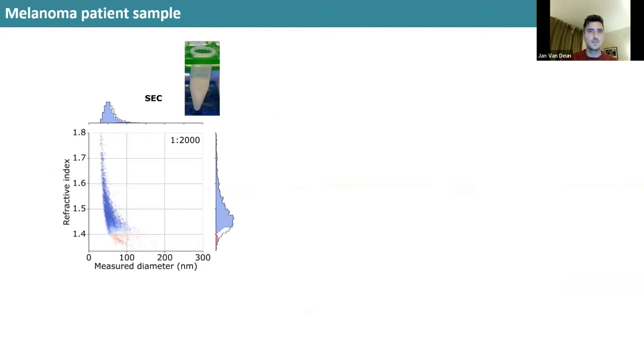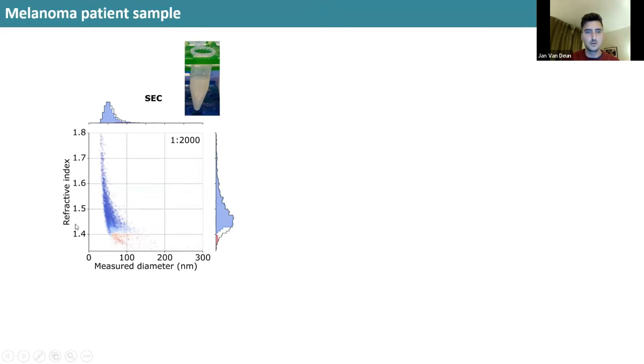Okay, and then finally, to have also a sample with endogenous EVs present, we had a melanoma plasma sample. And this was also postprandial, so this was a really highly lipemic sample. As you can see here, I took a picture of the EV fraction after SEC. This was basically white, so there were just so many lipids in there.